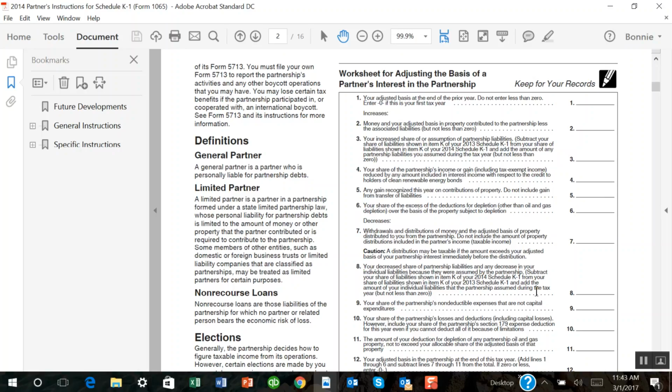Well, if there are net losses being passed through from this partnership instead of net income, he only gets to use them up to his basis, and maybe in prior years they had net losses too. Remember that if you have net losses and you don't have basis to absorb those losses, you don't get to use the losses on your return. So it's very important to keep a running record of your outside basis in your interest in a partnership. The IRS has actually provided a nice little worksheet for the partner to use.